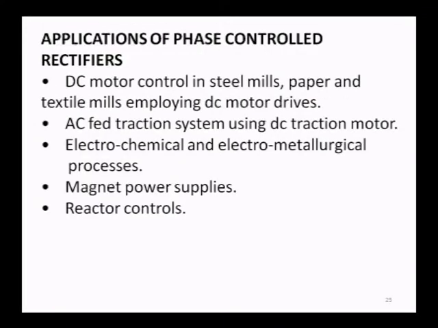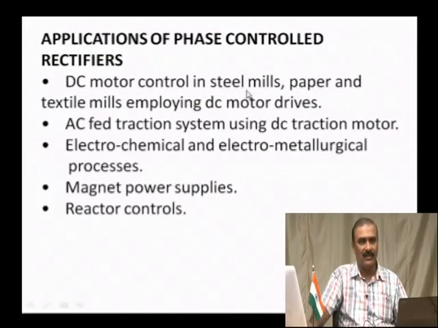Coming to this application, DC motor control in steel mills, I think madam might have shown you those diagrams of steel mills and paper mills, which employ DC motors, in textile mills also, and AC fed traction systems using DC traction motors. All these things you learn in industrial drives and control, in the 6th semester.